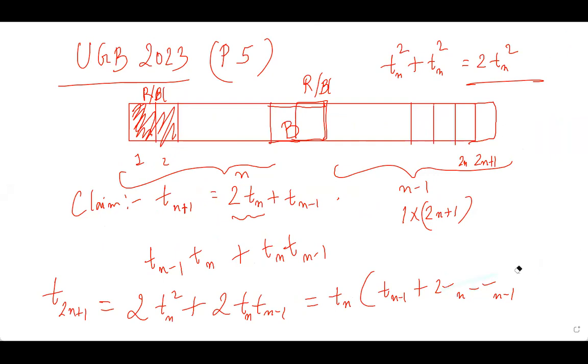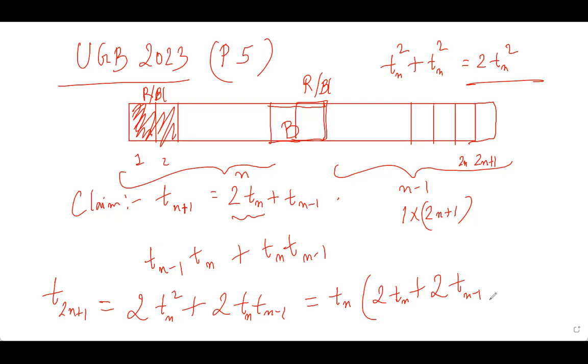Let me just show you the calculation part. Taking Tn common, we get 2 times Tn plus 2 times Tn minus 1.